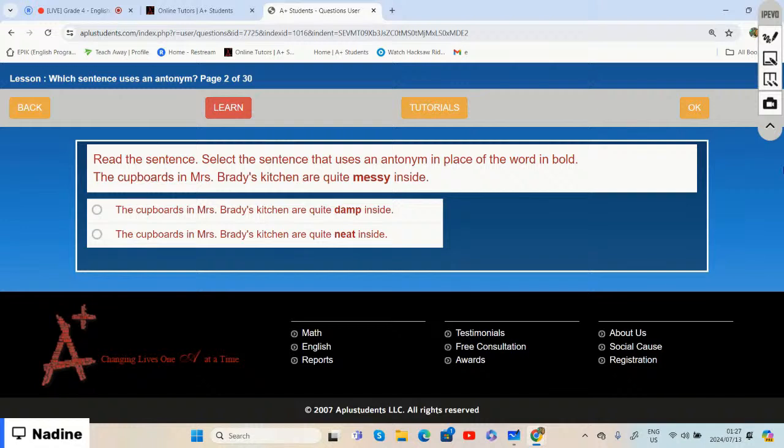Damp, option one, or neat, option two. The opposite of messy.